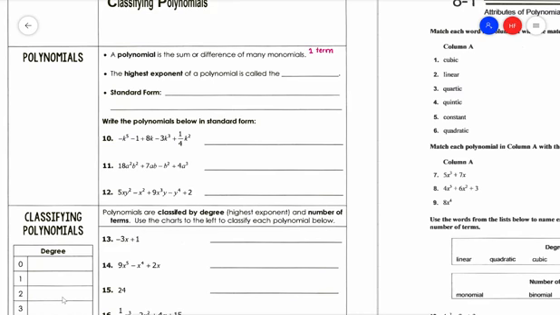And so the highest exponent of the polynomial is what we call the degree, which I've kind of touched on a little bit. So the highest exponent is the degree of the polynomial. When we're writing polynomials in standard form, the highest exponent is first, and then they count down.